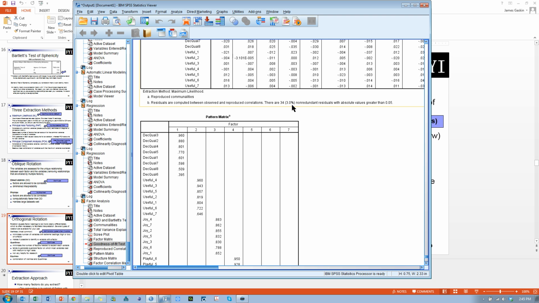If we were to include 10 factors, would our error be less or more? Hopefully this is minimizing error, and this is how much error we're observing. It's up to 3%. How would you write that? You wouldn't. It's just FYI. If you really wanted to, you'd have one line with a parenthesis that said we had 3% non-redundant residuals, indicating we had good fit for our factor structure.